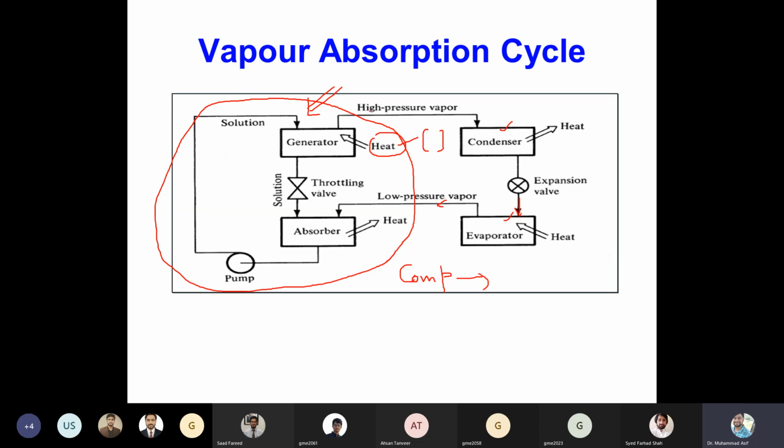The refrigerant vapors are at high pressure because of the absorption of the heat, and the concentrated mixture of the refrigerant and absorbent goes back to the absorber. Those high pressure vapors of the refrigerant again move to the condenser, where they reject the heat. The heat absorbed in the generator and the heat absorbed in the evaporator is rejected to the atmosphere. So after expansion, an isenthalpic process, the liquid refrigerant comes back into the evaporator. So this process keeps on continuing.